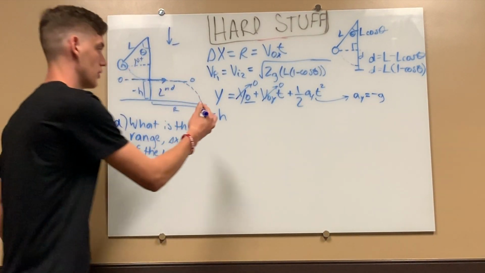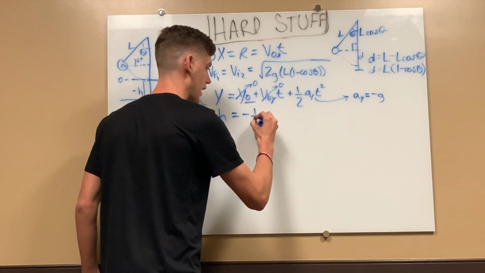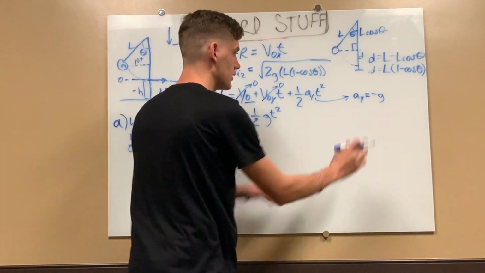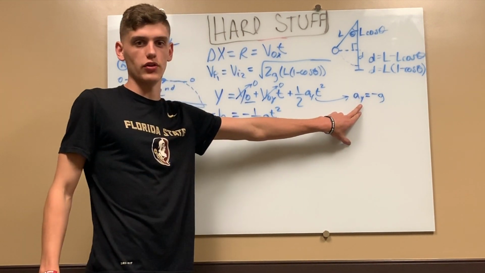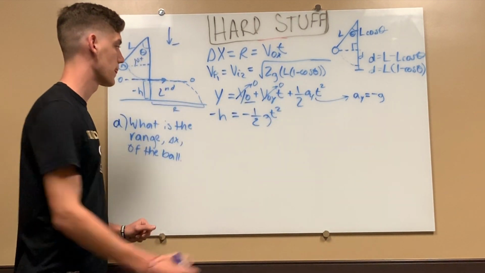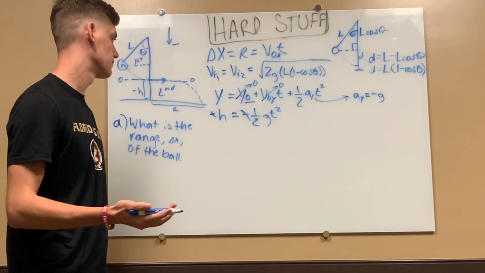So what we get on our equation now is negative h equals negative 1/2 g t squared. So I'm just substituting negative g in for the acceleration in the y direction, which changes this plus to a negative. So what I can do now is cross out both negatives on both sides.